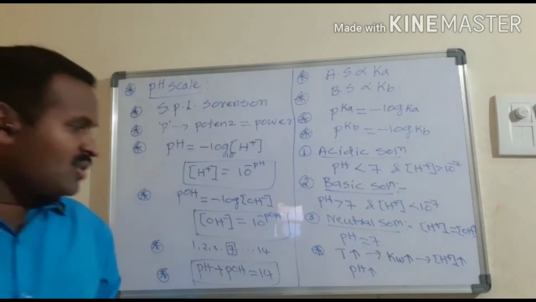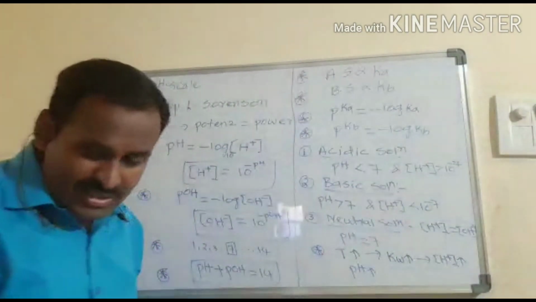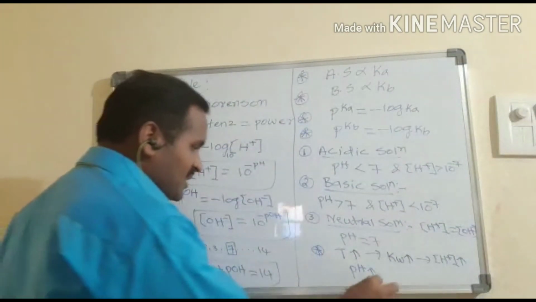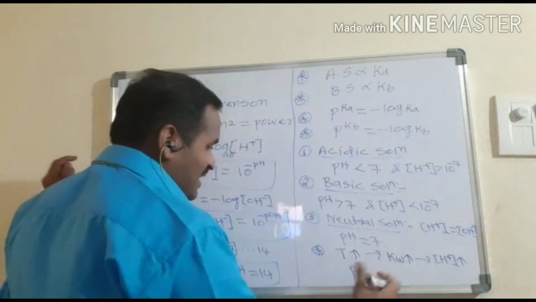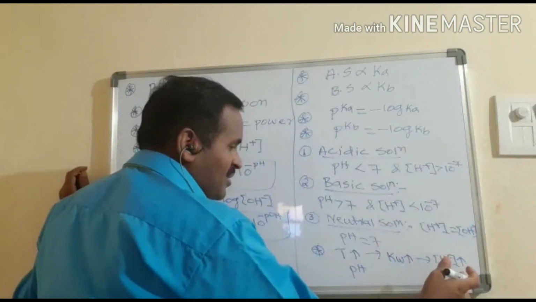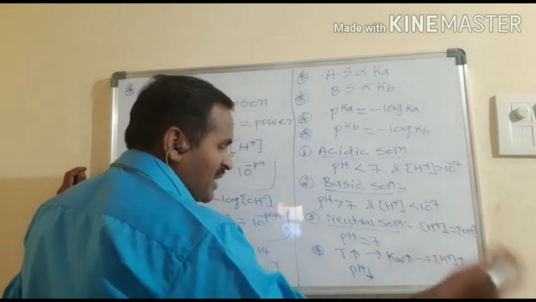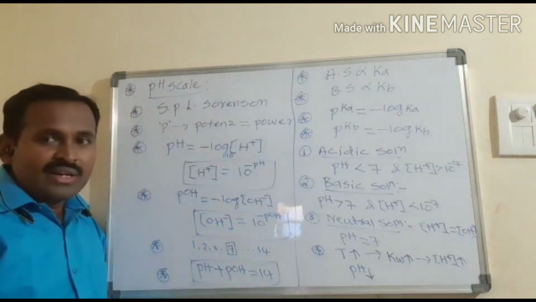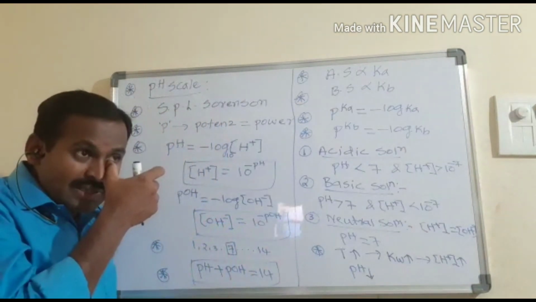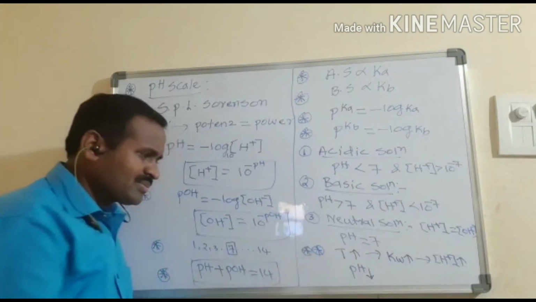When the H plus ion concentration increases, the pH of the solution decreases, with the concentration going to 10 power minus 6, minus 5, minus 4, minus 3, minus 2, like that. So the pH of the solution will decrease. The opposite case can also be taken.